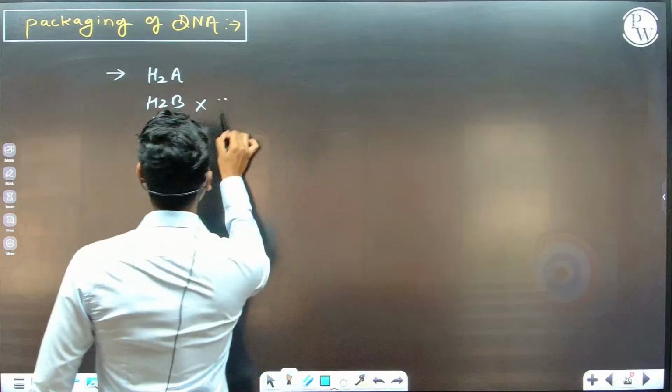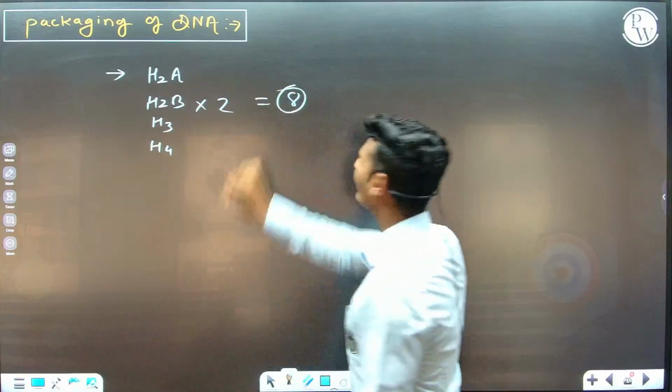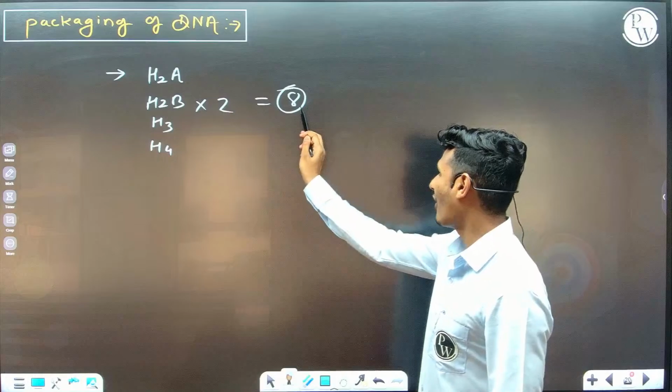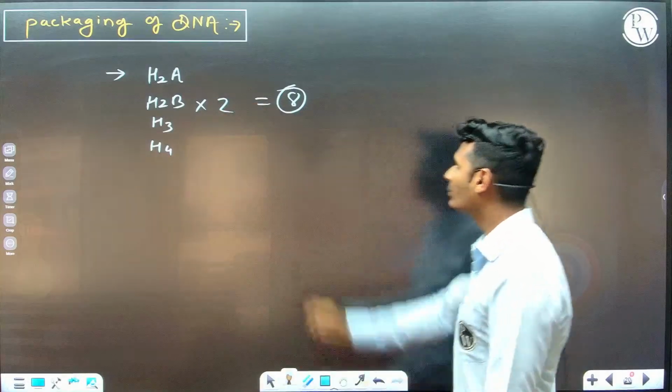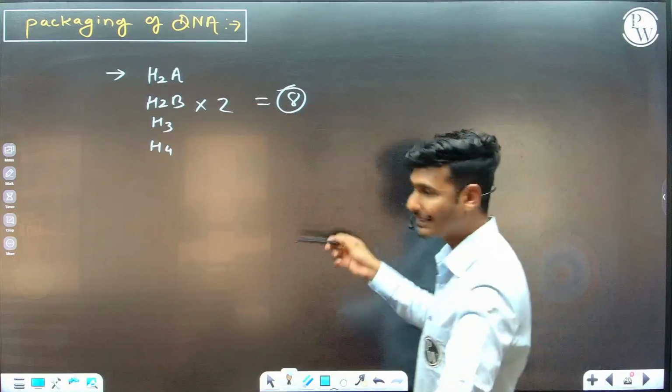Not 4, multiply by 2 equal to 8, because octamer, no? So for octamer we have to multiply by 2. So 8 histone proteins. How is it arranged?